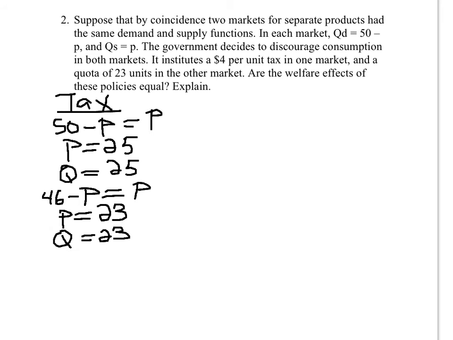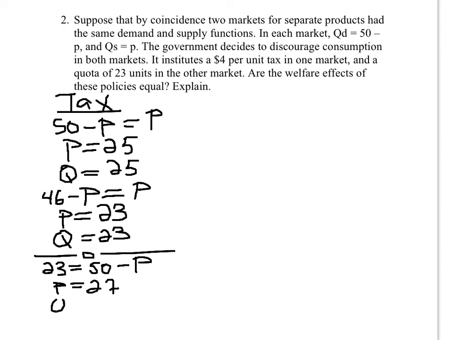Now with the quota, what we have is, well, it's easier because the quantity is 23, so the demand will have to adjust to that. So the price can be solved by making the supply, which is 23, equal to the demand, which is 50 minus P. So you're going to end up with a price of $27, and when you put that in the quantity again, it ends up being 23.